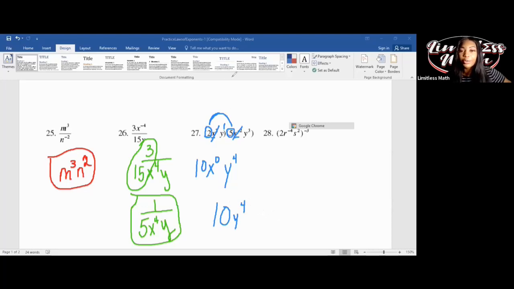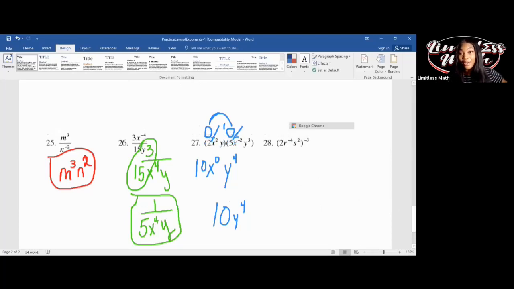28, number 28. Once again, the Google Chrome tab rectangle is trying to keep this video from being great. So 28, we have an entire expression that's being raised to an exponent.